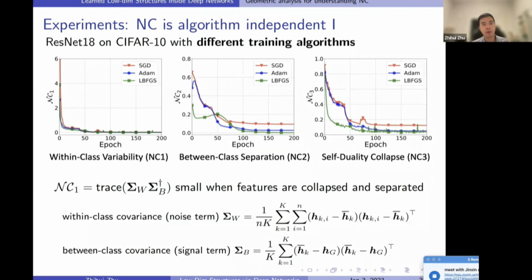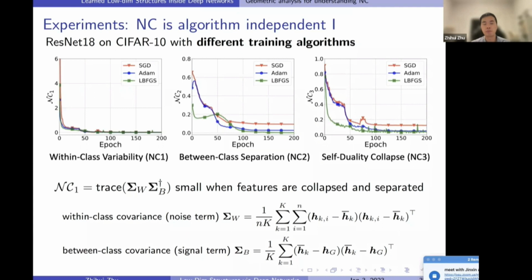In particular, we will train the ResNet 18 with different training algorithms, including the first order algorithms SGD and Adam, and the quasi-Newton algorithm LBFGS. Here we plot the learning curves in terms of three neural collapse measures. The first, the left one, plots the within class variabilities.